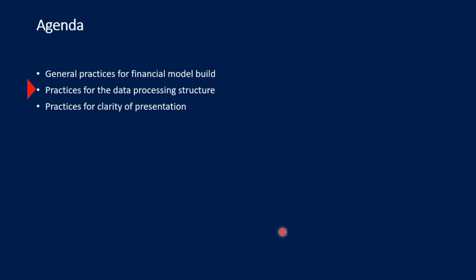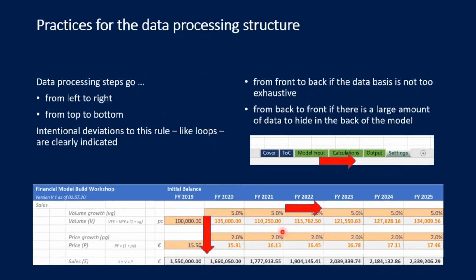Well, let's go into the practices for the data processing structure. So the data processing steps go from left to right. What does that mean? Here's a little example. Here are the sales of a company modeled, and here we have volume growth and the volume, so how many pieces or how many items are sold. The company starts at 100,000 pieces or items, and that grows each year by 5%.